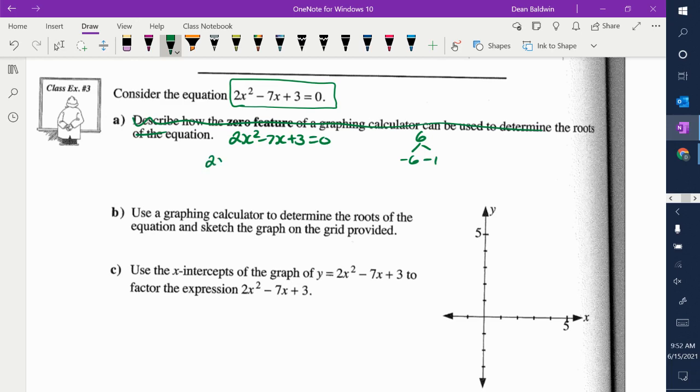So I split up the middle term. And then you bracket. Take out -1. And then you get 2x minus 1, x minus 3 is equal to 0.